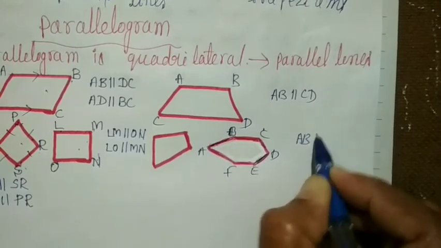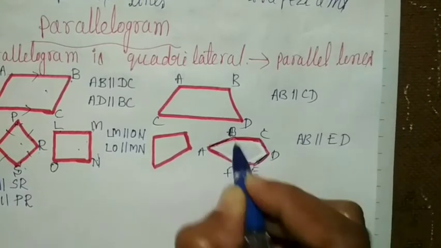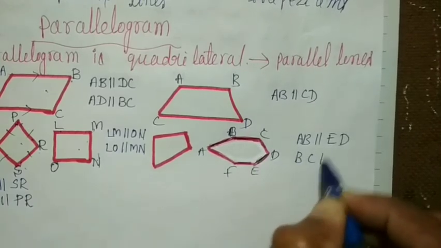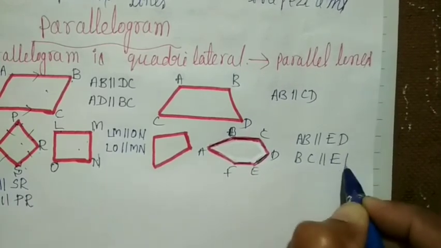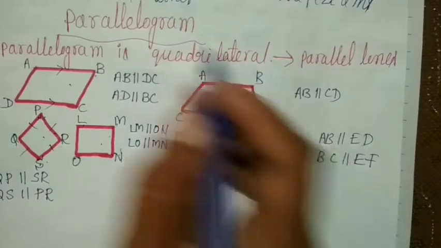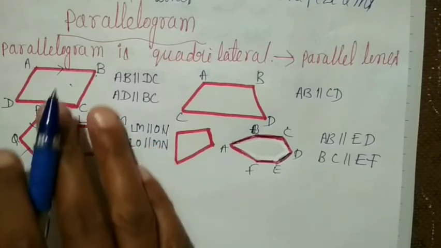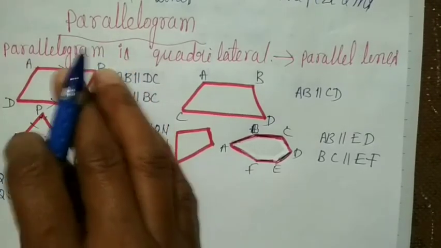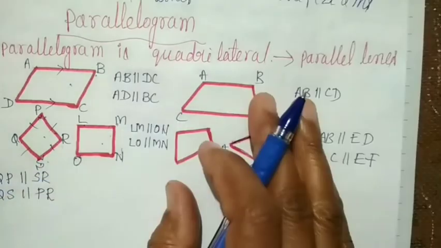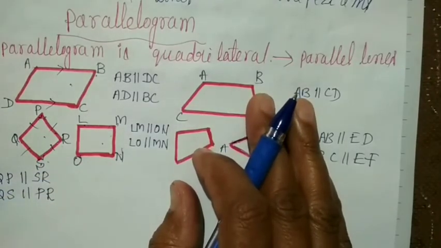AB parallel to ED and BC parallel to EF. Dear students, observe these figures. We can take these three pictures. These are parallelograms. These are not parallelograms.